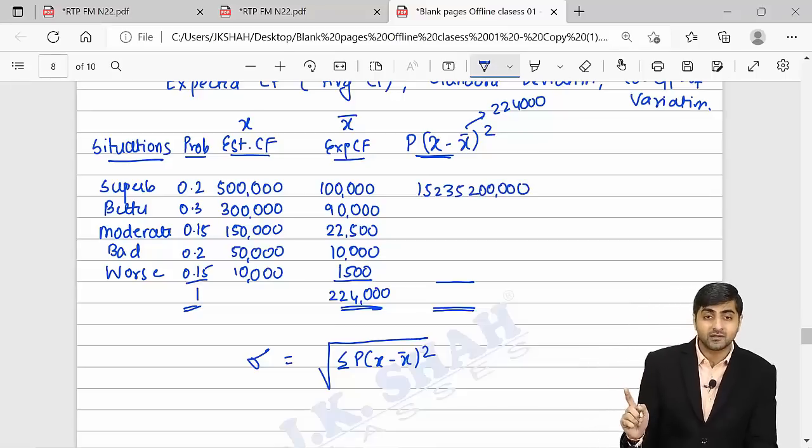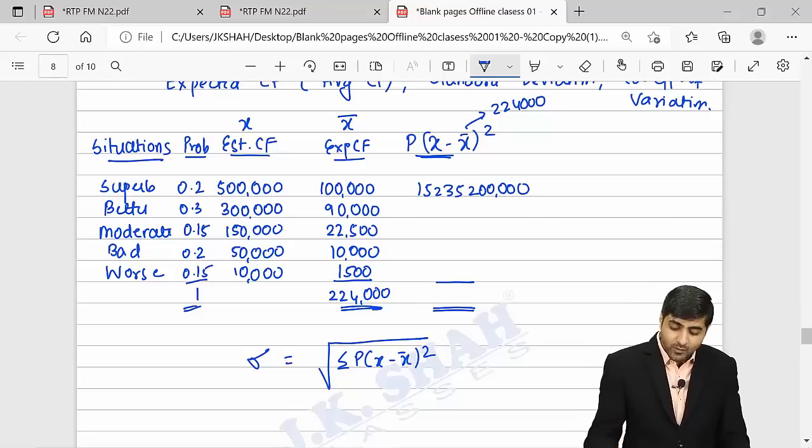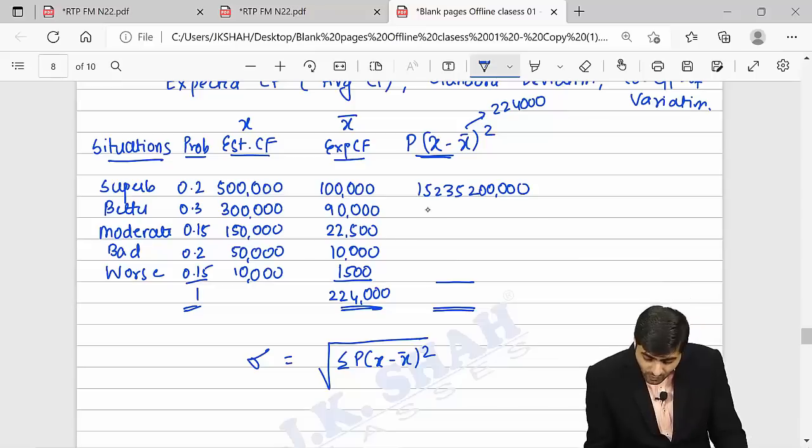Put that in your memory. Then we will take 3 lakhs and subtract 2,24,000. We'll get 76,000, which you will square and then multiply by the probability, which is 0.3. So that will give you 17,328 and 5 times 0.